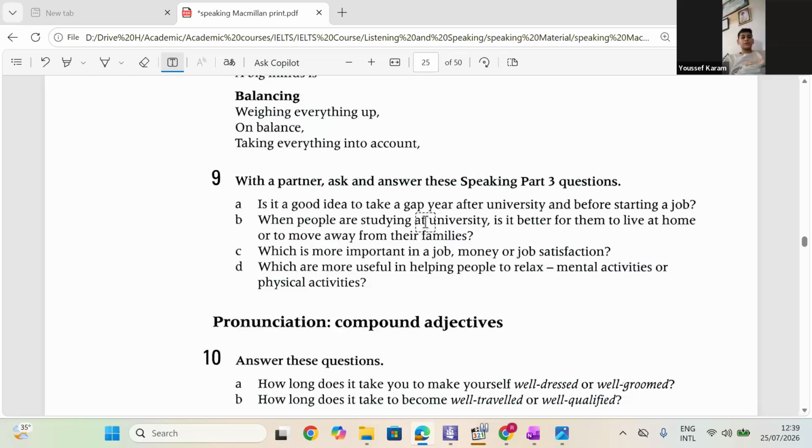A year in the middle, basically do nothing. Who can define a gap year? Yusuf, what's a gap year? A year in the middle between two important events, like graduation and getting a job, where you try to find yourself and find a good enough career.